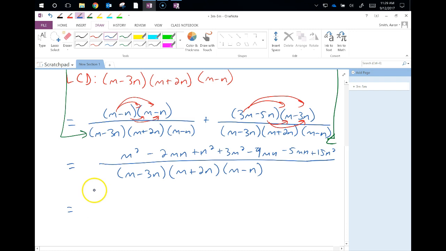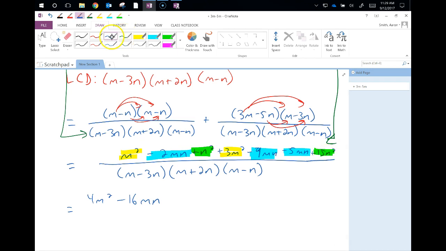Let's see if we can combine any like terms. M squared and 3m squared is 4m squared. Minus 2mn minus 9mn, and then minus 5mn would be negative 2 minus 9 is negative 11, minus 5 is negative 16mn, and n squared plus 15n squared is 16n squared.